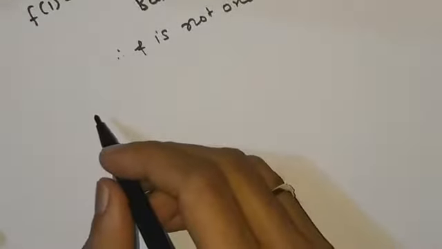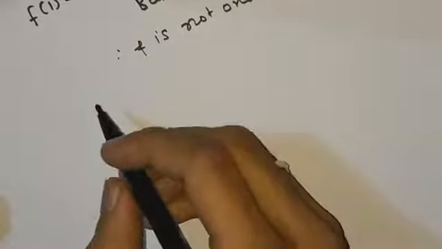Now we will check whether f is onto or not. So you take y = -1.